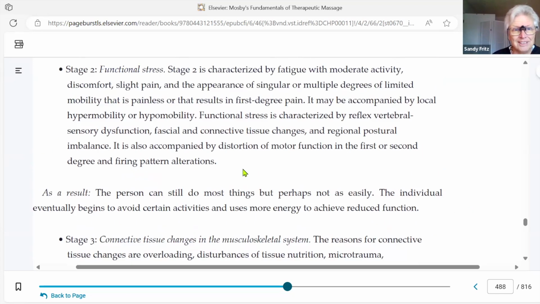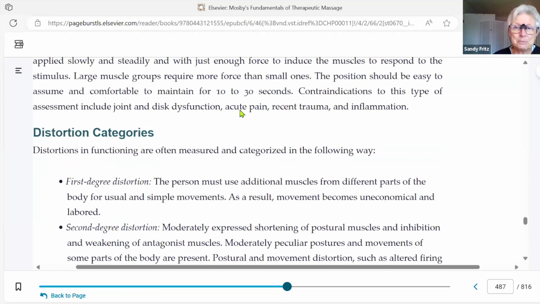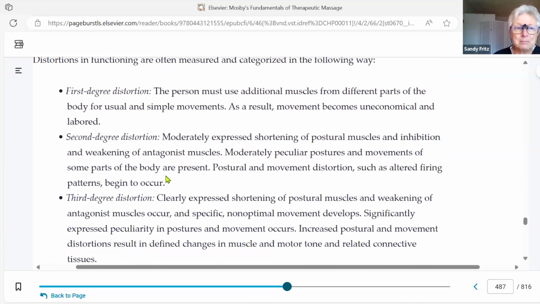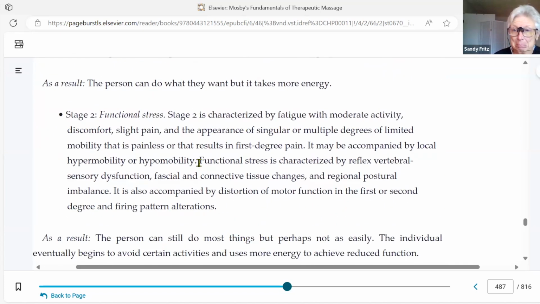Now, unfortunately, many of our clients, especially if they're experiencing soft tissue type discomfort, fatigue, that sort of thing, they'll come see us at second degree distortion and functional stress.